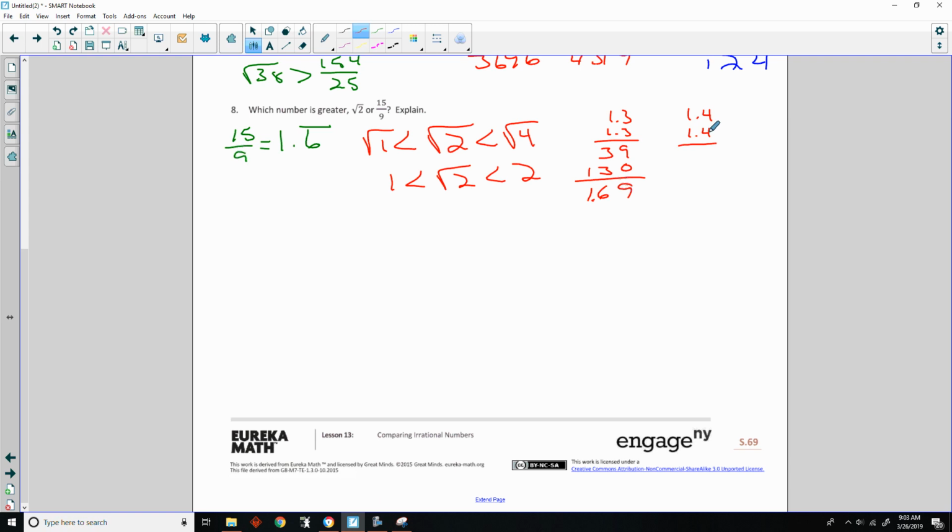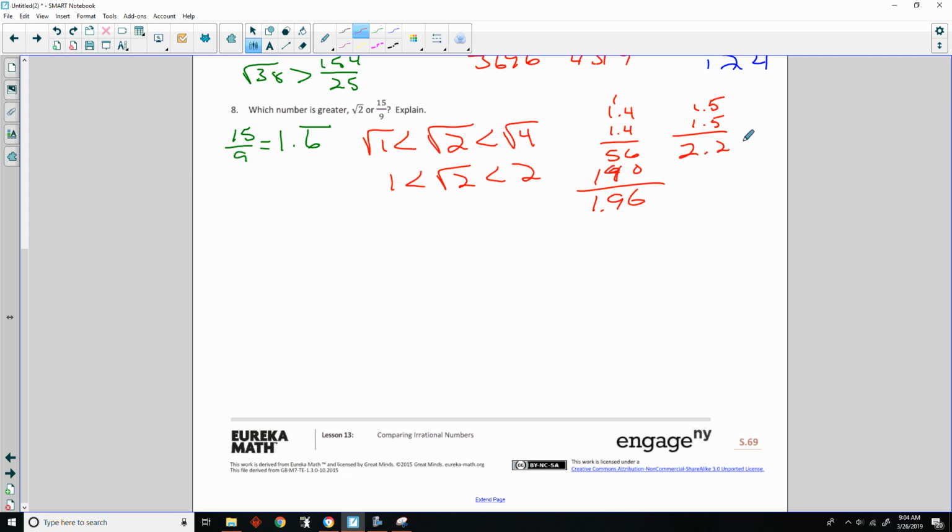4 times 4 is 16, with 2 decimal places, 1.96, which is less than 2, so it's not 1.4. It's higher than 1.4. I don't know if it's between 1.4 and 1.5 or not, so the next thing we're going to do is check 1.5 squared. Well, that's 2.25.